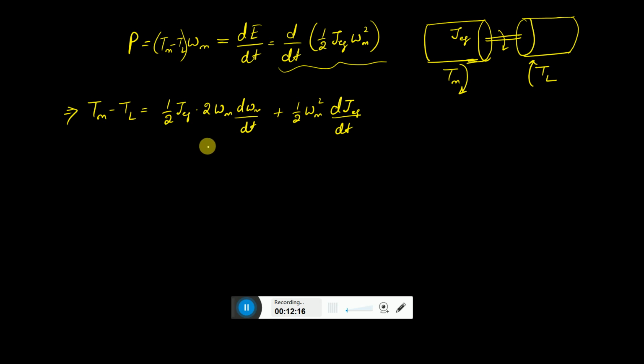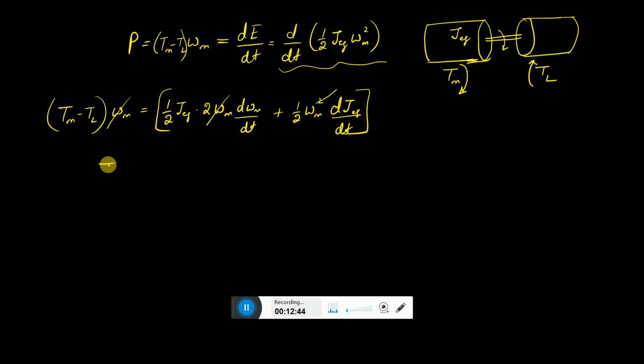Now here we are getting this entire term, and this side is Tm minus TL into omega m. So let us rewrite this: Tm minus TL whole into omega m, correct? Let us cancel this omega m from all.